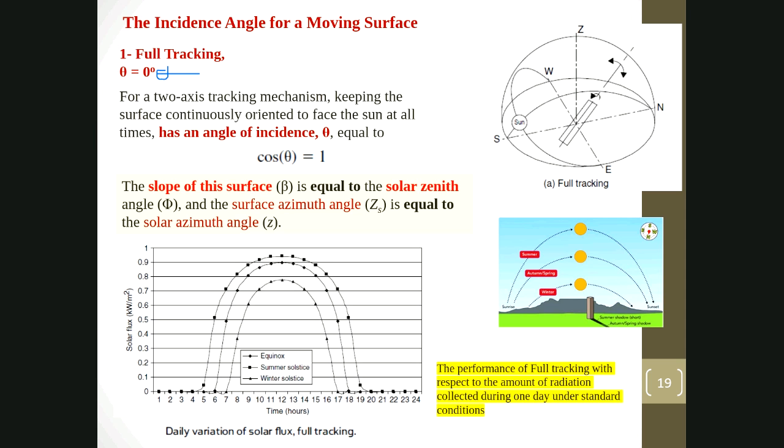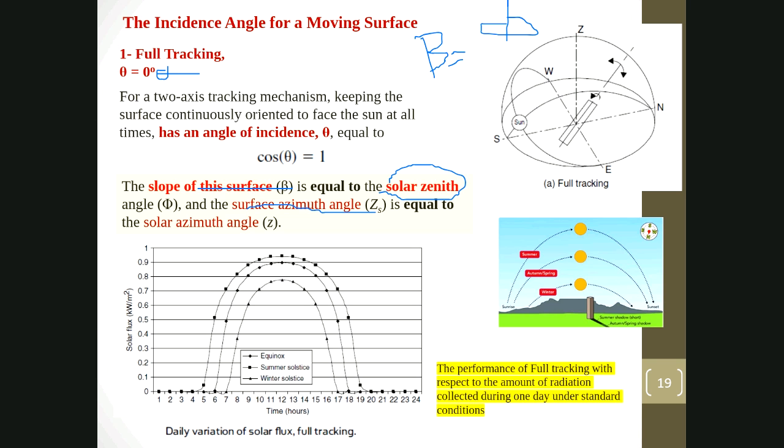As you saw previously for the incident angle, we have the tilt angle, or the slope, and the surface azimuth angle. These two angles relate to the surface. For the slope, or collector tilt angle, I will make it equal to the solar zenith. So here beta, the tilt angle, equals the zenith angle, phi, if you remember.